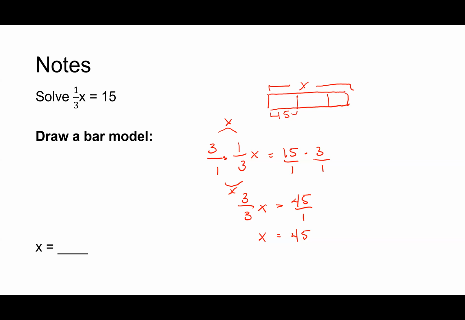Mira, say that last part again. Yeah, so I changed those to improper fractions because we were using improper fractions on this side to demonstrate that what we're actually doing is multiplying by the reciprocal. Does that make sense? Yeah.